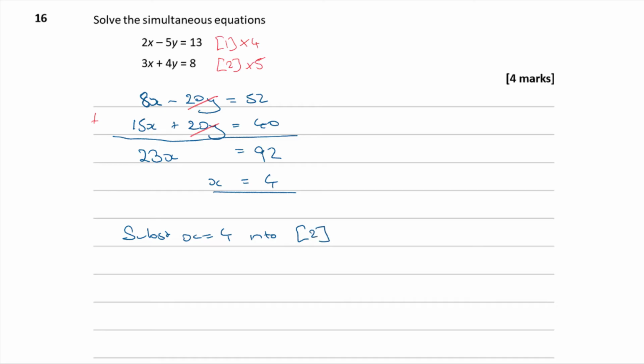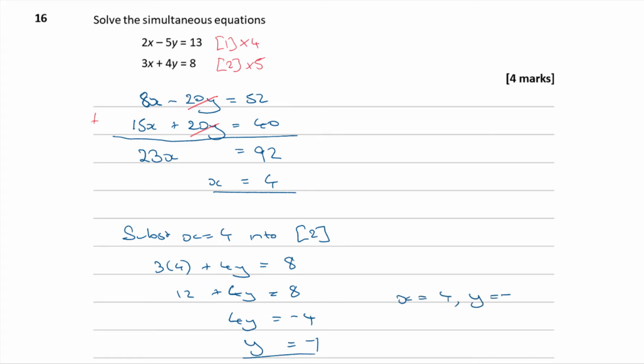So that's going to give me 3 lots of 4 plus 4y is equal to 8. So 4y plus 12 is equal to 8. Taking 12 away from both sides, 4y equals minus 4. Dividing through by 4, y is equal to minus 1. So the solution then is x equals 4, y equals minus 1.